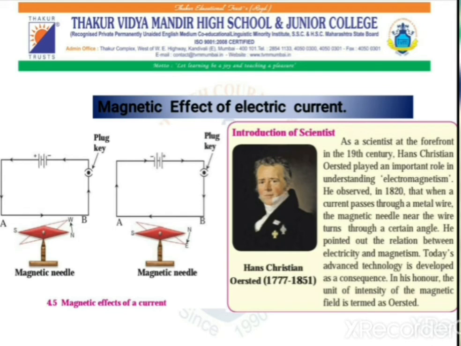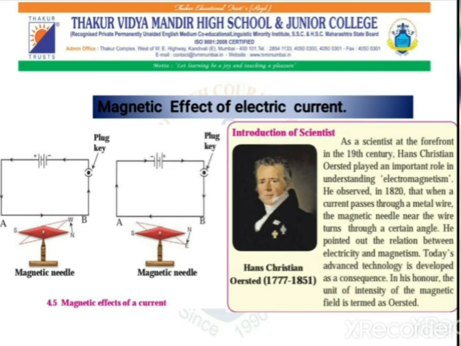In the first diagram, when the current starts passing in one particular direction, that is from A to B, as soon as the current starts, the magnetic needle shows deflection. But when the current was put off, the deflection stopped. So that indicates that the magnetic effect is produced only after passing electric current.